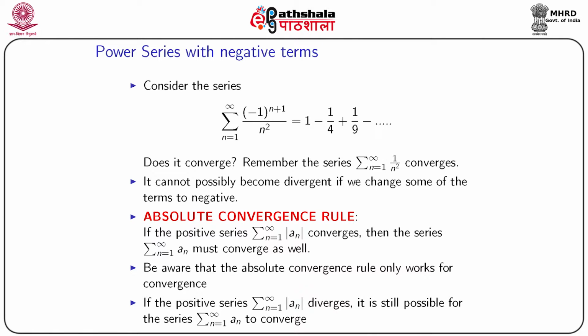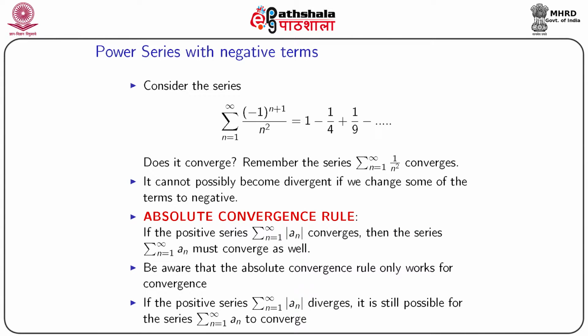Keeping this in mind, we know the sum of 1 over n square converges, and this is a series obtained from the series 1 over n square where we are subtracting a few numbers, so this will not hamper the convergence.